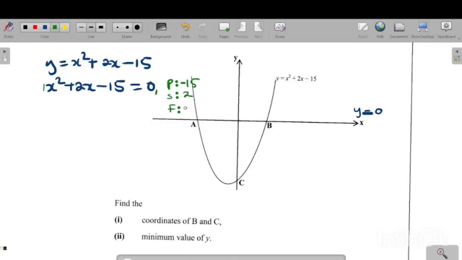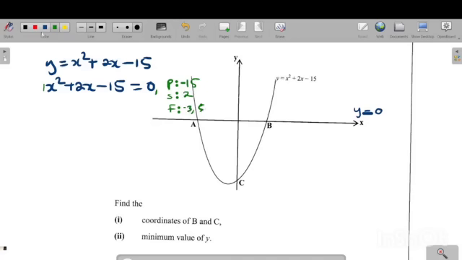And those factors, let's see if we say 3 and 5. Okay, 3 times 5, we are not getting negative 15, but we are getting positive 15. Now, what if we add a negative here? Negative 3 times 5 will be negative 15. What if we add negative 3 plus 5? Are we getting a 2?